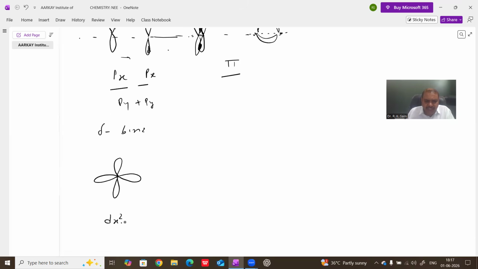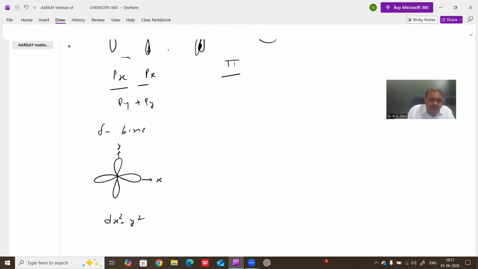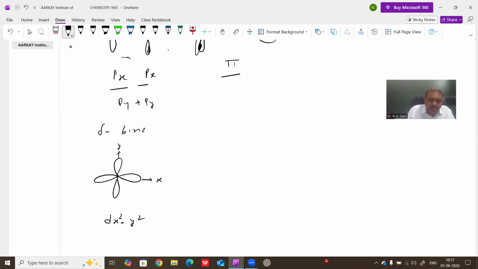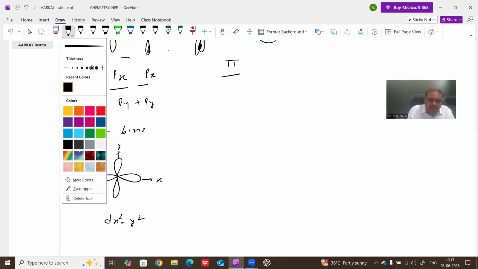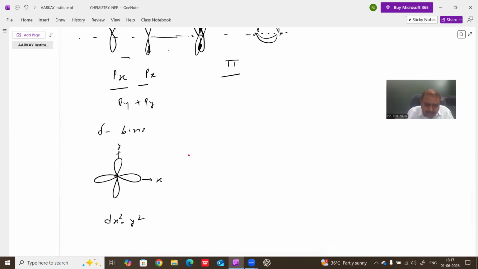Suppose this is the x axis and this is the y axis. If we take x and y axes as the plane, then the z axis is above the plane.